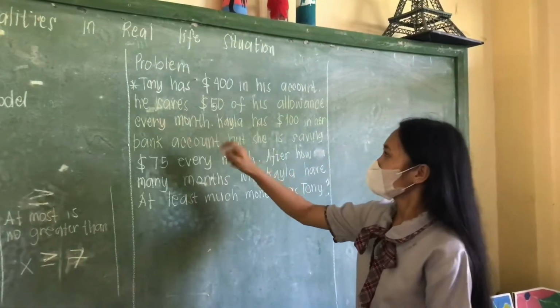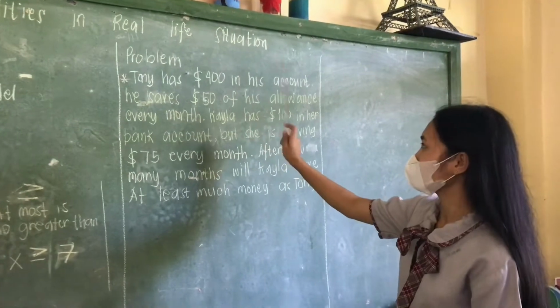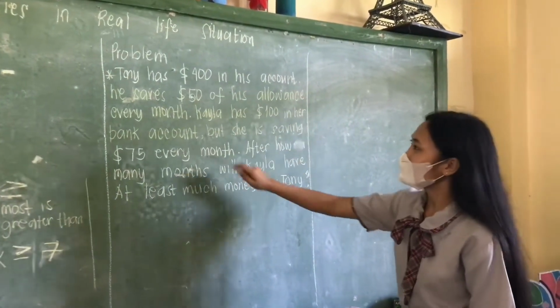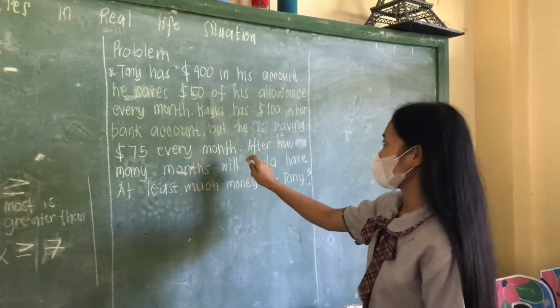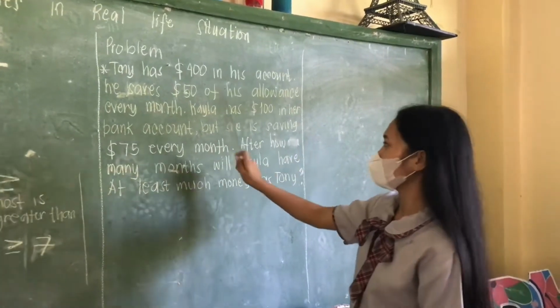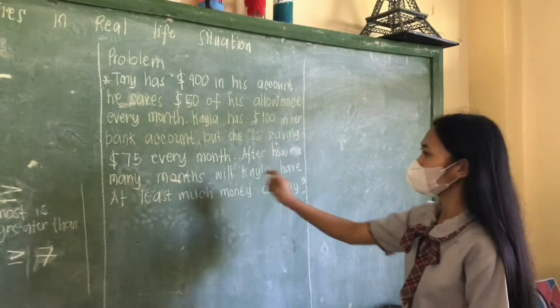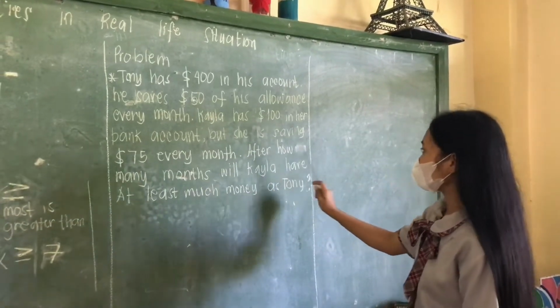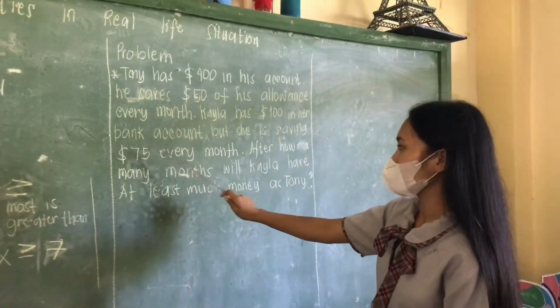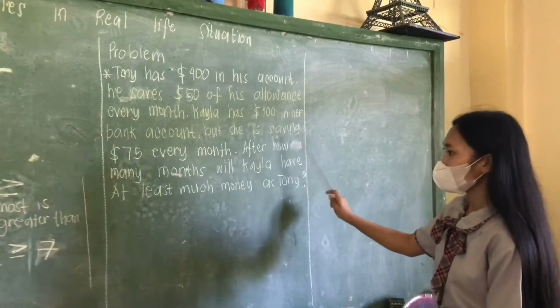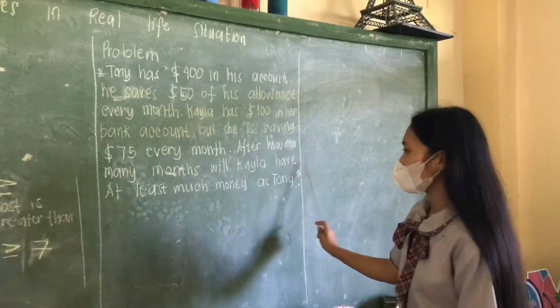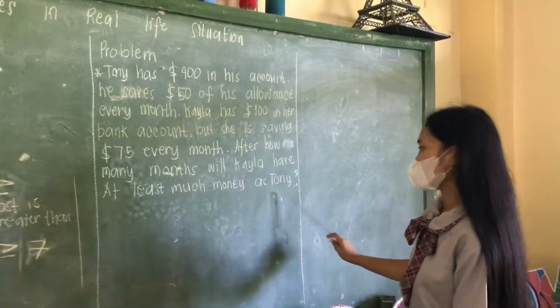Sample problem. Tony has $400 in his account. He saves $50 of his allowance every month. Kyla has $100 in her bank account, but she is saving $75 every month. After how many months will Kyla have at least as much money as Tony?